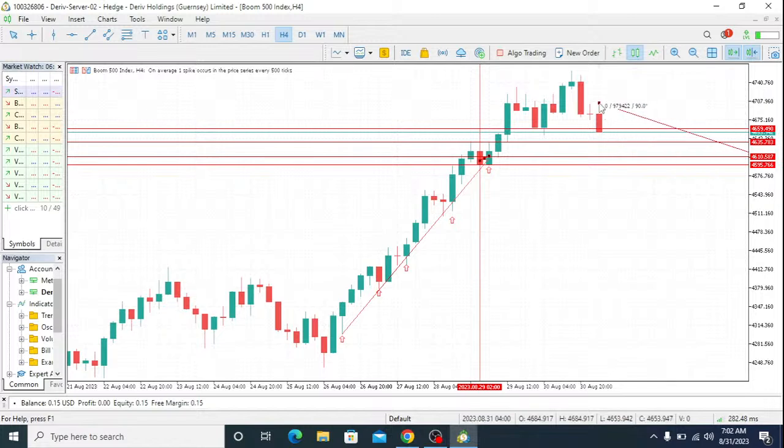Then that is to say that whatever you are seeing in the market from today is going to be more like this. But where you should think of trading on boom 500 with a relaxed mind is from tomorrow. It may pull back, but maybe not now; before the day runs out, it may end as a weak candle and stop somewhere here.